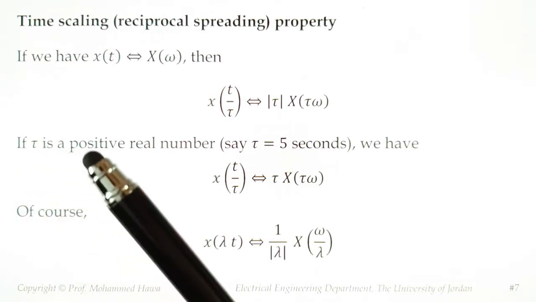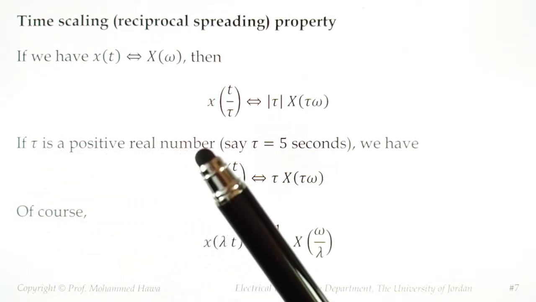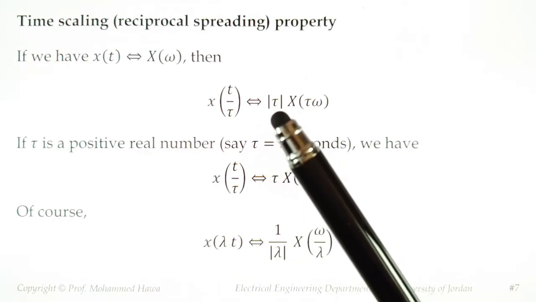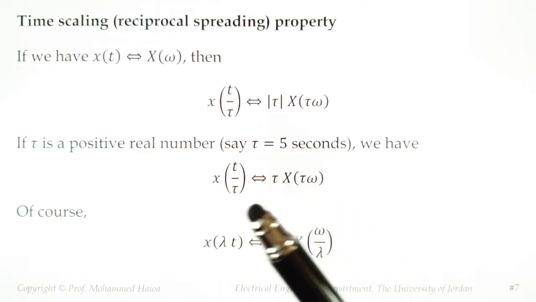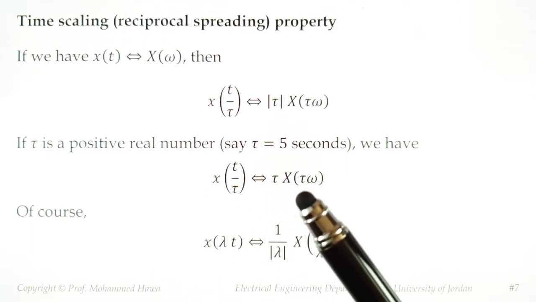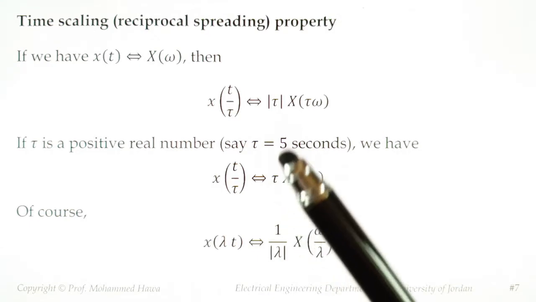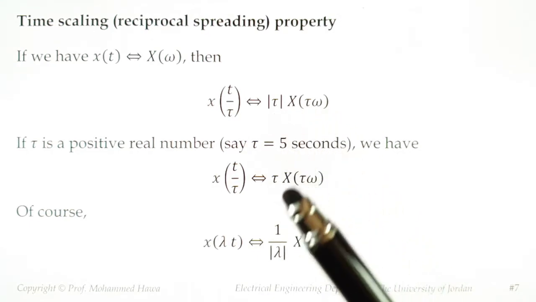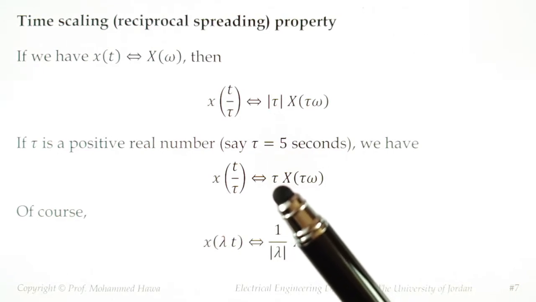If tau is a positive real number, which is the case for periods of time like tau equal to 5 seconds, then you don't need the absolute value here, and you could say the Fourier transform of x of t over tau is tau X of tau omega. I suggest you always write this expression and then remember to remove the absolute value if tau is a positive real number.